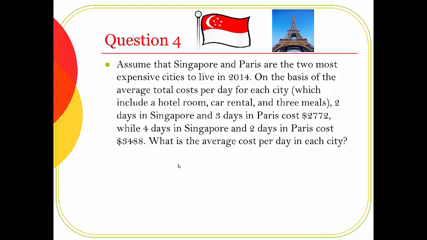So this is too much. It's still too much because this first sentence, actually we don't need it. Now we can paraphrase it, or let us just underline the keywords to save us time. This is only what we need: 2 days in Singapore, 3 days in Paris, and this is the cost.